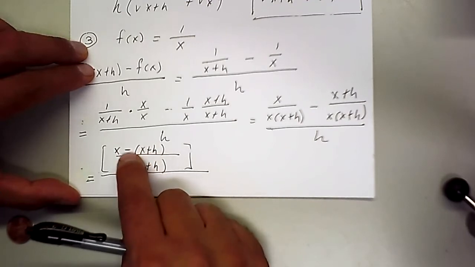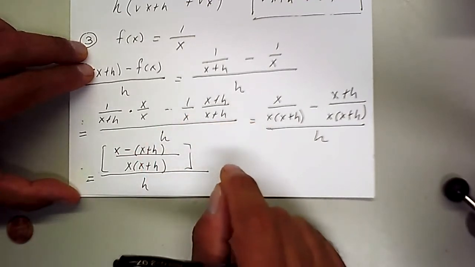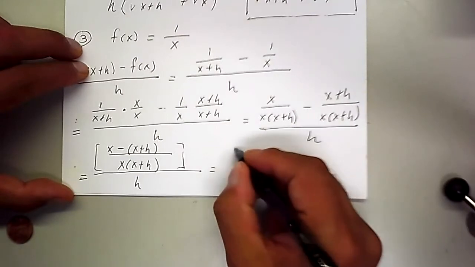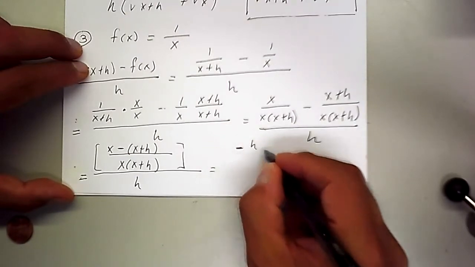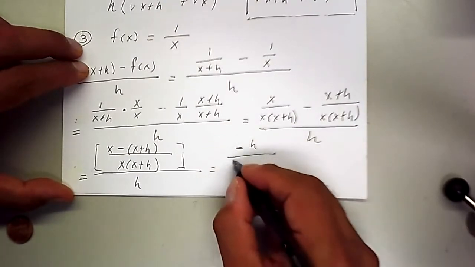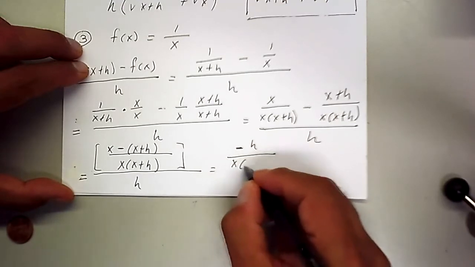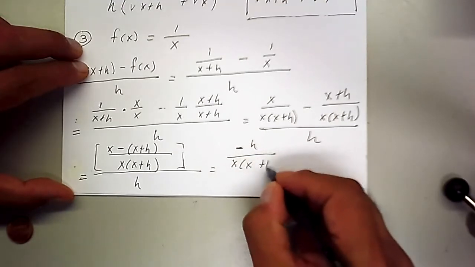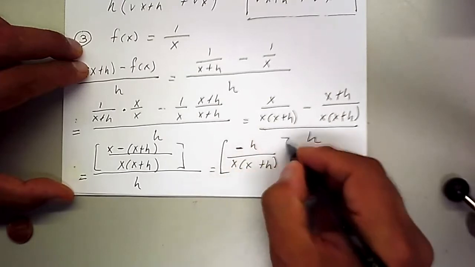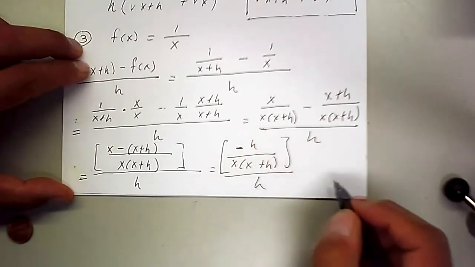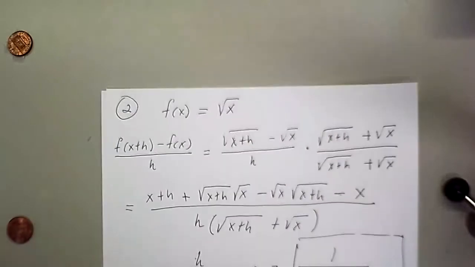So we're going to have negative h, which is a big deal. So we have negative h over x times x plus h over h.